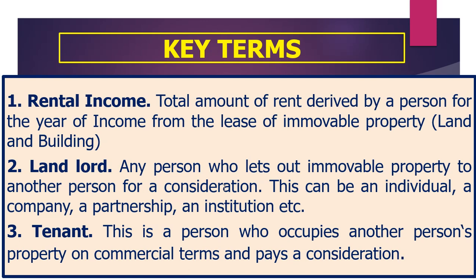A person can be a partnership, where two or more people come together to do business in common with common objective, but with the purpose of making profits. So if that partnership gives you an asset in exchange for rental income or for consideration, then that partnership becomes your landlord.